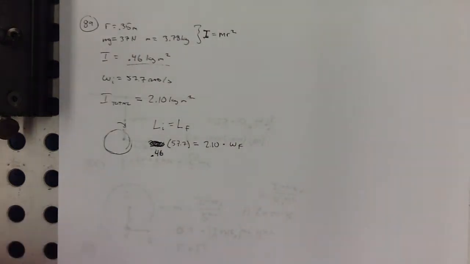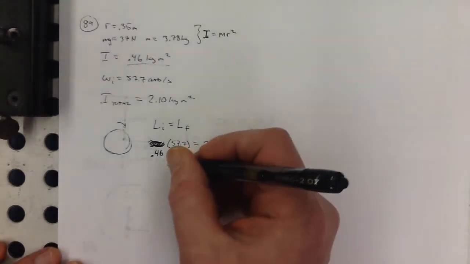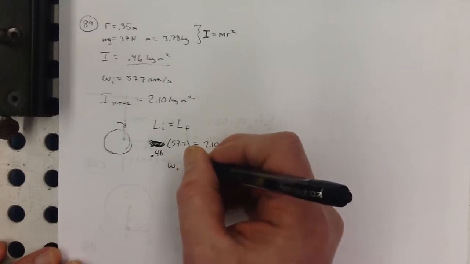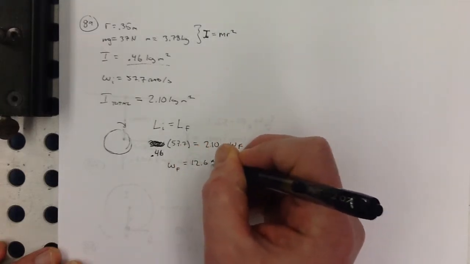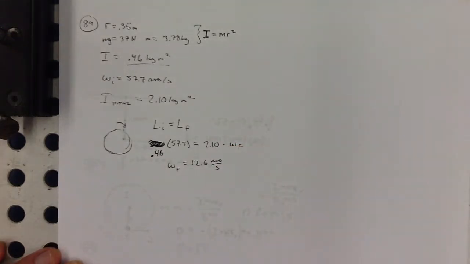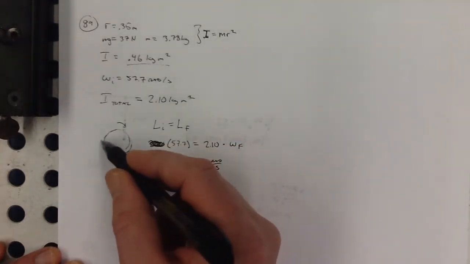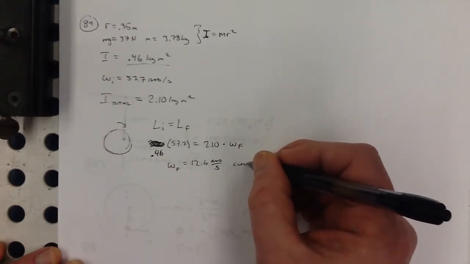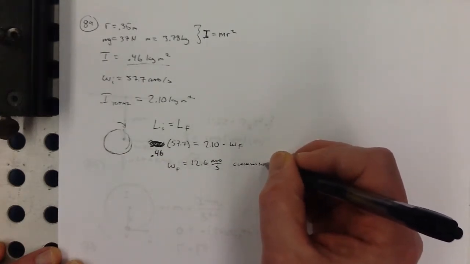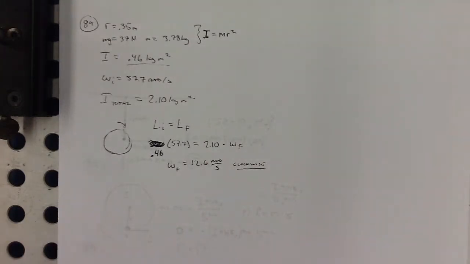So that's a simple calculation: 0.46 times 57.7 divided by 2.1. So the final will be about 12.6 radians per second. And since the initial angular momentum was clockwise, this will also have to be clockwise. Right?